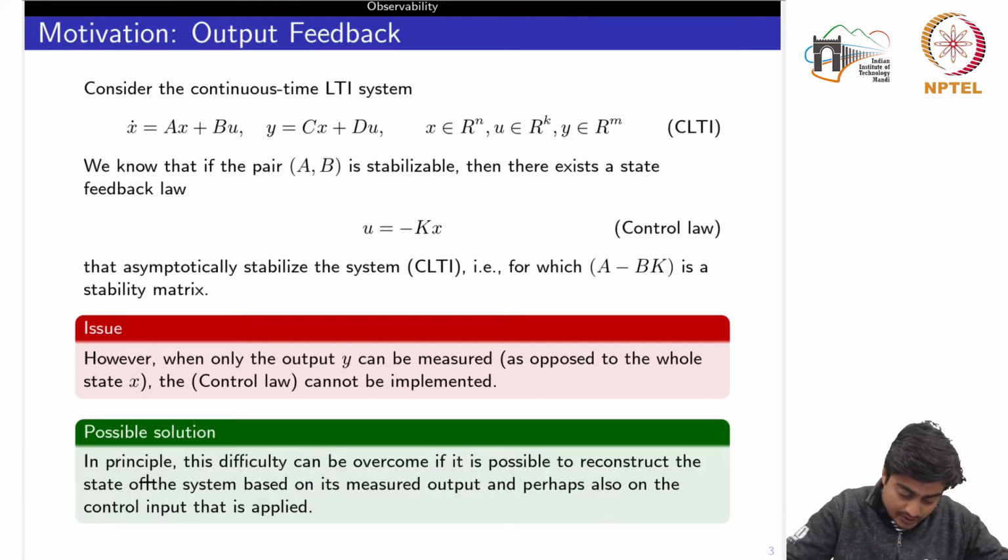So, a possible solution: in principle this difficulty can be overcome if it is possible to reconstruct the state of the system based on its measured output and perhaps also on the control input that is being applied.